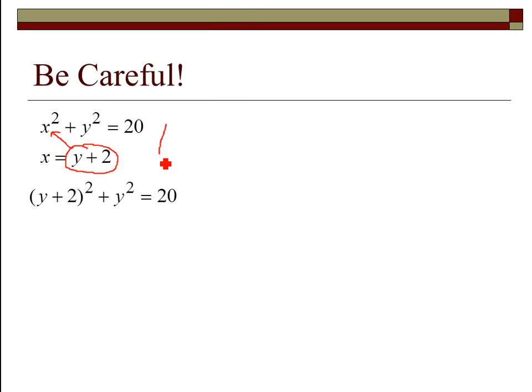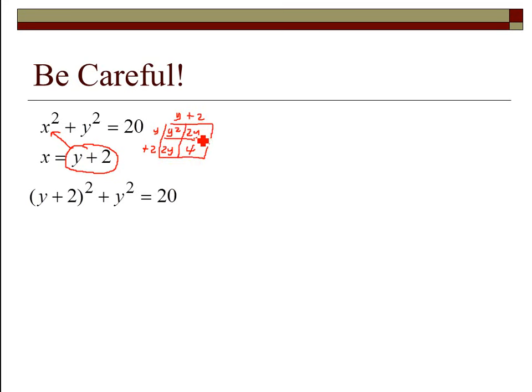So you could look at it like a rectangle. If you think about what you have, we have y plus 2, y plus 2. I get y squared. I'm going to have y times 2, that's 2y. Y times 2, that's 2y. 2 times 2 is 4.